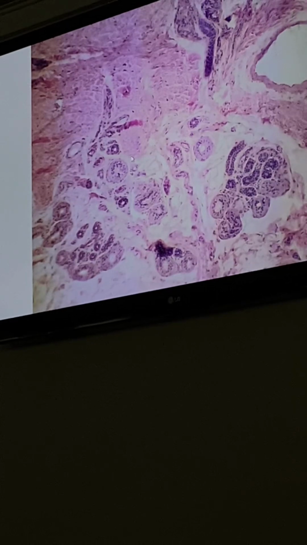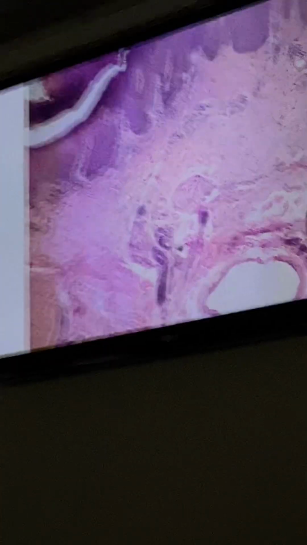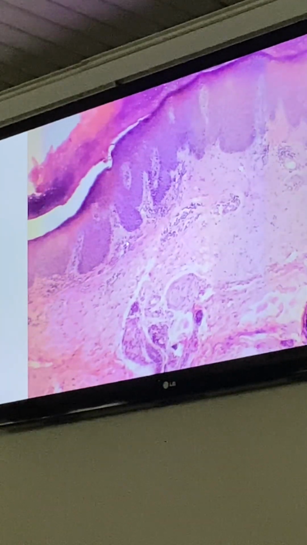This is the deep, dense, irregular dermis, while the other layer of the dermis, called papillary dermis, has mast cells and fibroblasts.